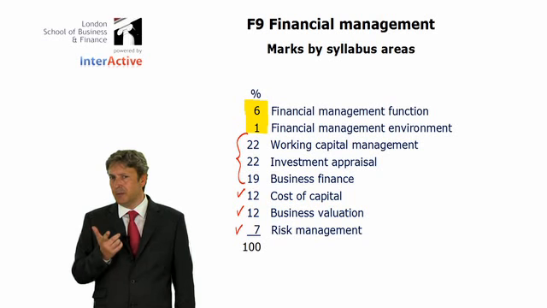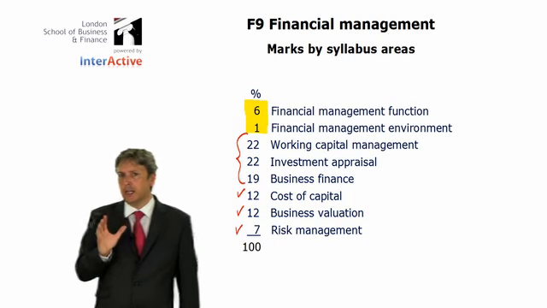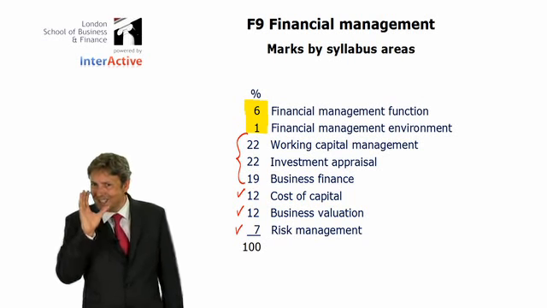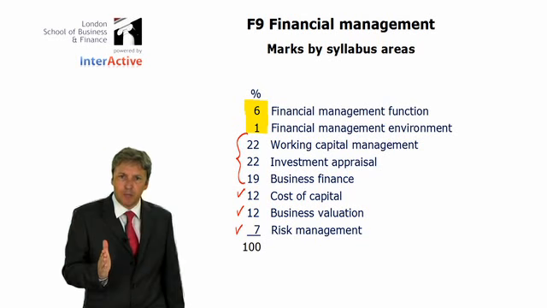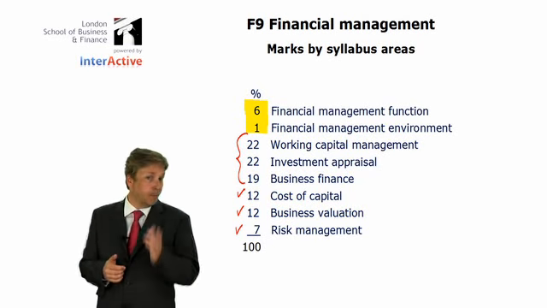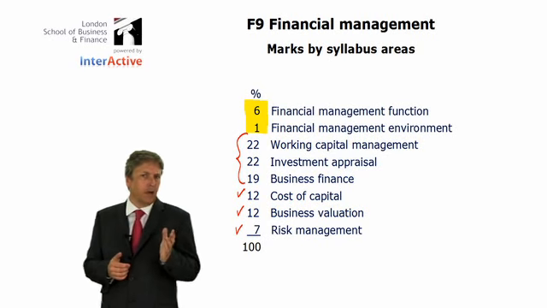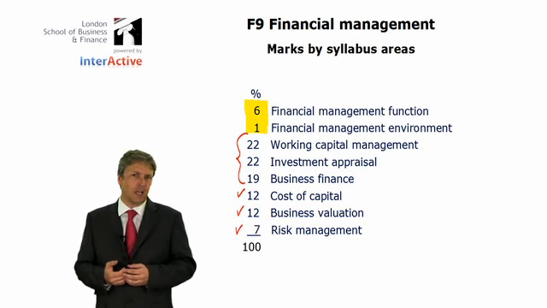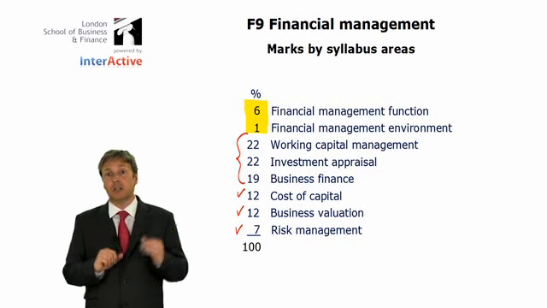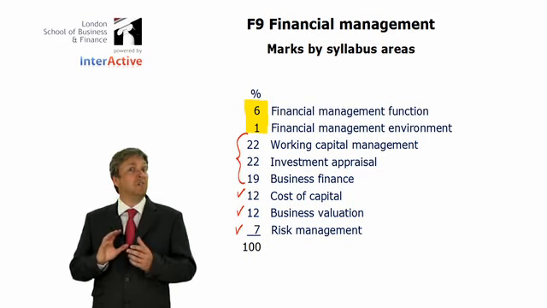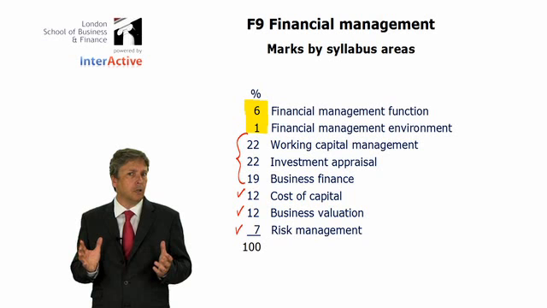But I think some of you may have detected a trend in the paper, because what has tended to happen is that we have got risk every December sitting, but not in the June sitting. Now, I'm not guaranteeing that at all, but effectively what that's saying is that in the December sitting, we're getting something like 15 marks on it, and in the June sitting, we're having virtually nothing. Okay?